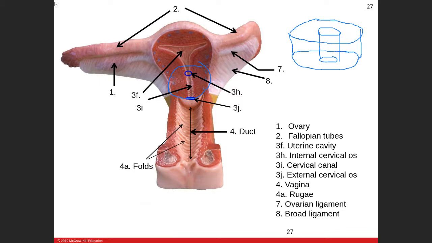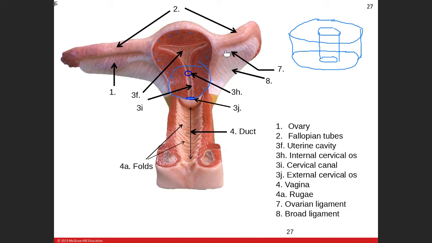So kind of like what we're seeing here, when we're talking about the cervix, you're going to have an opening here, which is called the internal cervical os, which is the opening. That's what this little circle is representing. And then here at the bottom of the cervix, you have the external cervical os, which is this guy right here. And there's a little kind of tunnel or passageway in between, and that's the cervical canal. Okay? And so that's the best that I can do with my horrible artistic skills here.